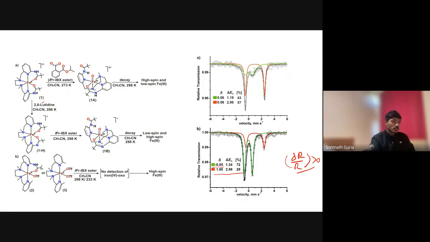Okay, this is the phenomenon we get from the Mossbauer, and then we find this iron 4 oxo species has been detected by the Mossbauer spectra, and the delta EQ values are suggesting the splitting of this iron 4 oxo species here.